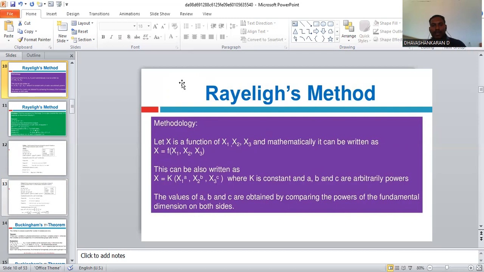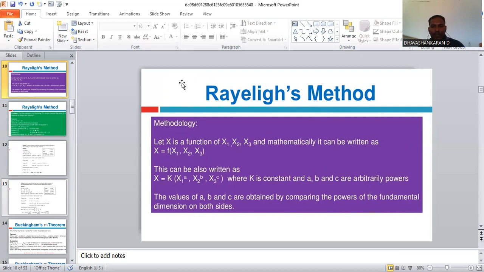From the given, we take the function of some of the variables. This can then be written as x equal to k times x1 to the power a, x2 to the power b, x3 to the power c, where k is a constant and a, b, c are arbitrary powers. These powers are expressed in the formula, and we have to find the values of a, b, c.